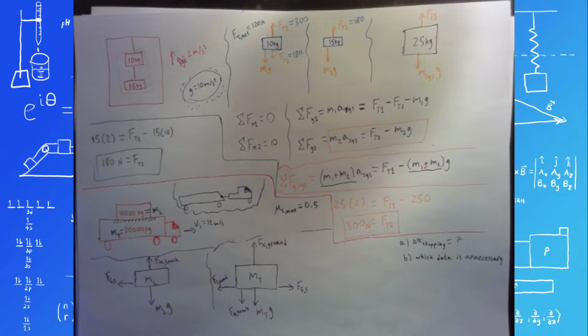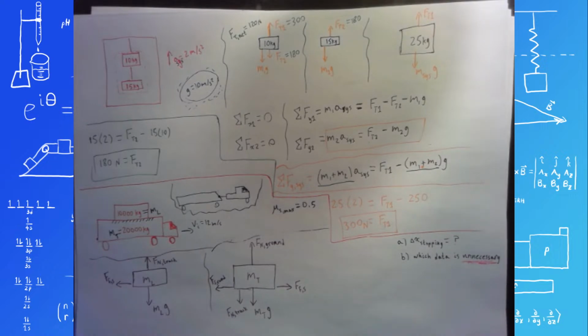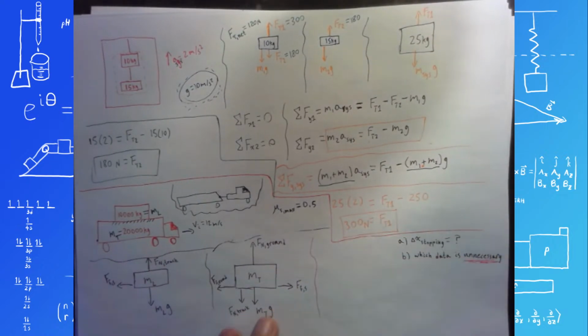So we don't know that information, and we probably are not going to need it. I mean, they're asking this part B for a reason. But otherwise, our diagrams appear to be complete.